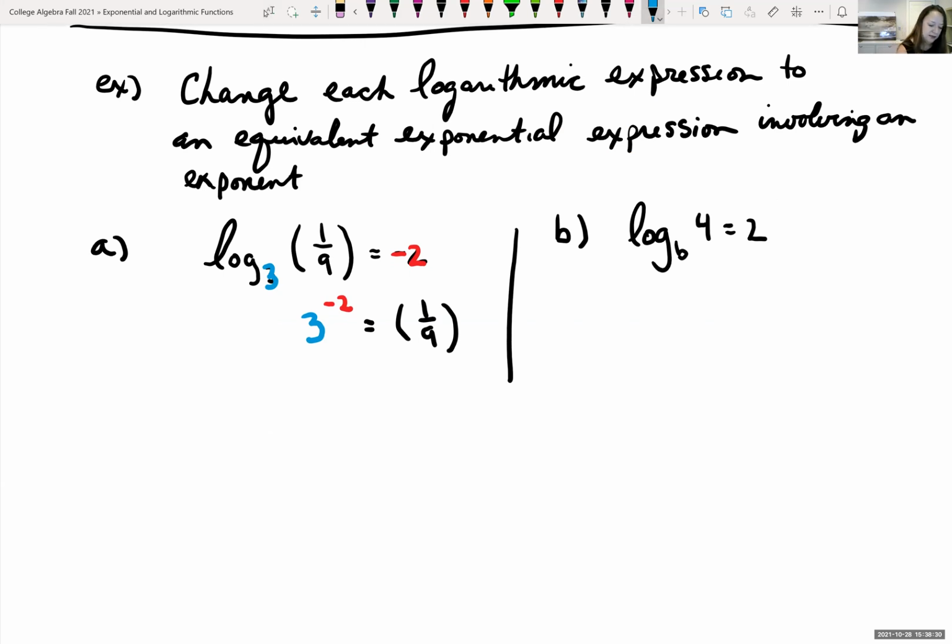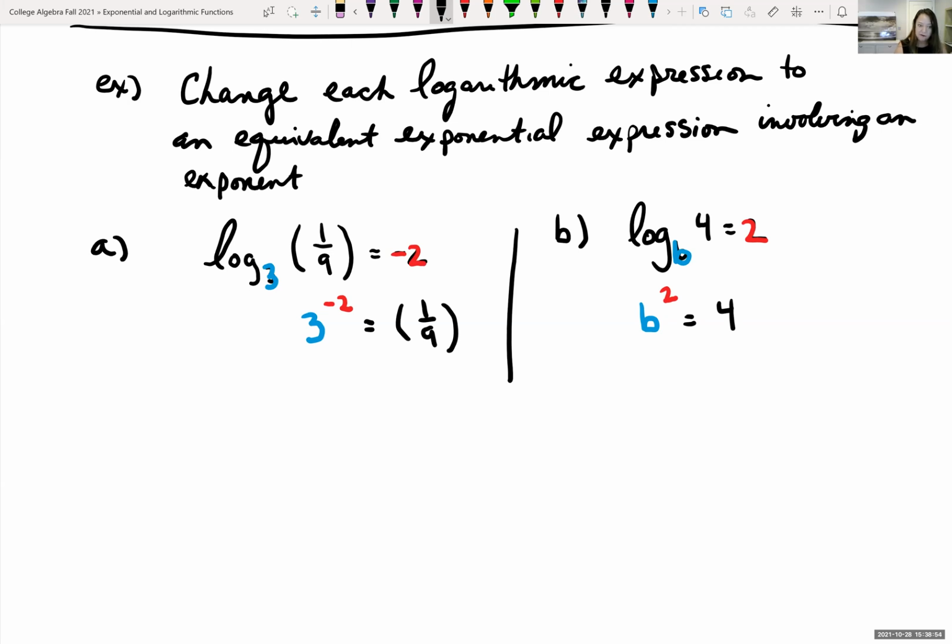Our base b is the base of the exponential, and the log is equal to the exponent, so b squared equals what we're taking the log of, which is 4.